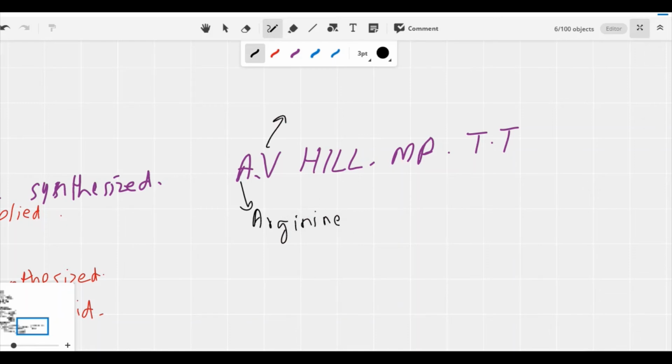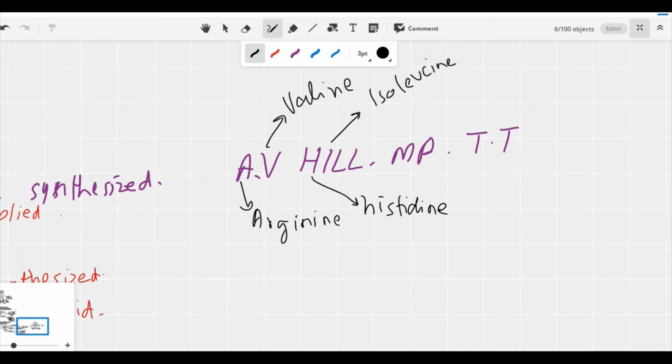V means valine. H means histidine. I means isoleucine. L means leucine, and the second L means lysine.